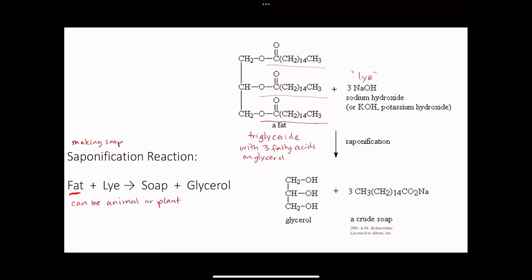We saw this triglyceride structure in module 11, and triglycerides are in foods. And so the 3 fatty acids can be all exactly the same fatty acid, or they can be different fatty acids. And when you have a triglyceride from food, this can be from an animal or plant source.